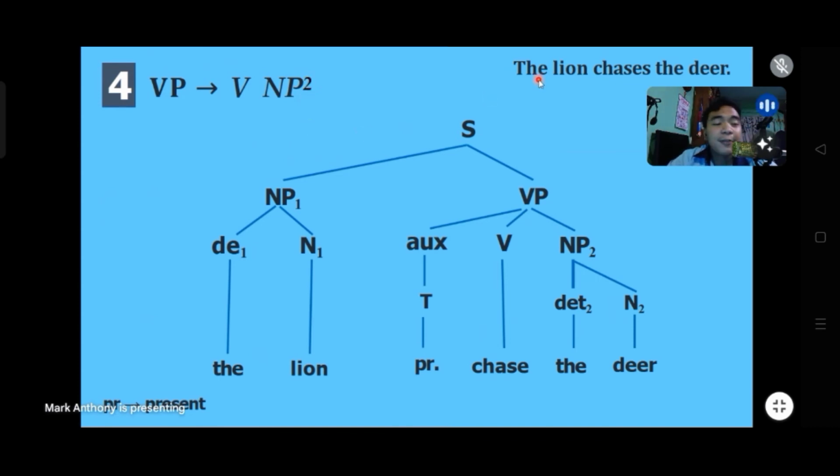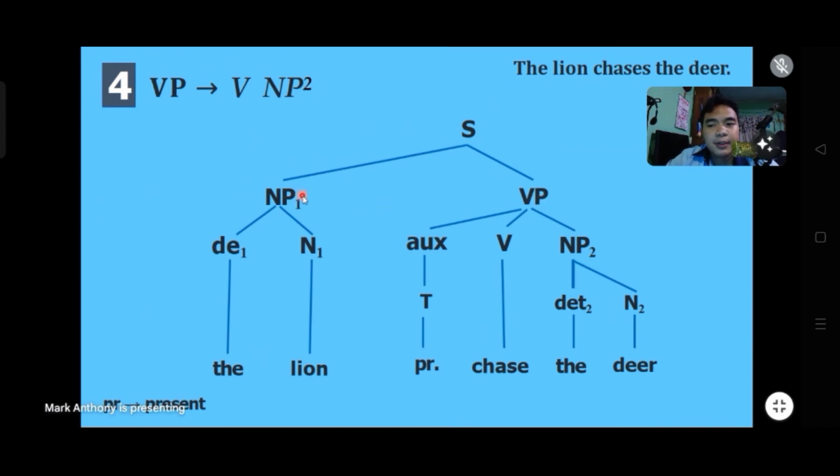So we have here the sample sentence: the lion chases the deer. So let's try to analyze the sentence itself. The sentence is divided into two subconstituents, the noun phrase and the verb phrase.